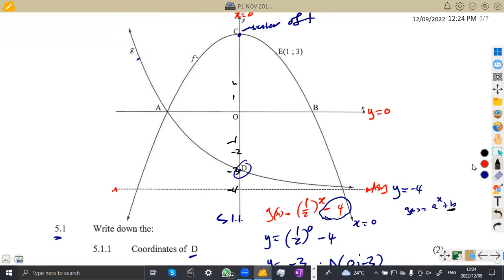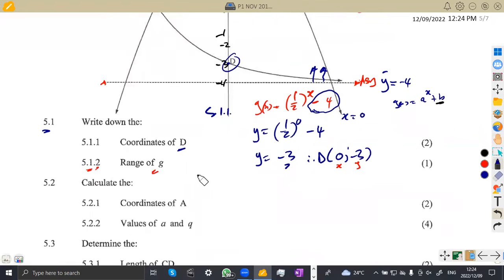These values are above the line y is equal to -4. If they are above -4, that means they are greater than -4. So we're referring to the values of y which are greater than -4.